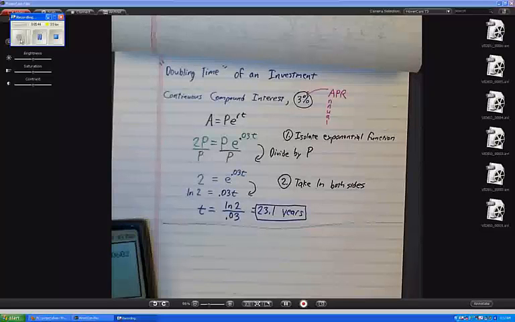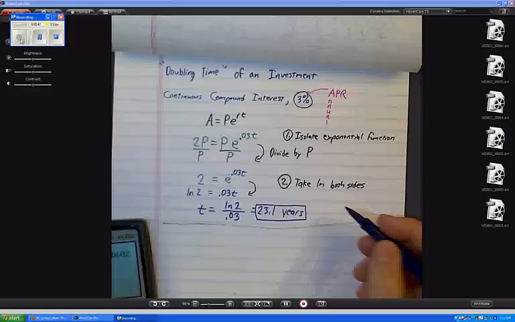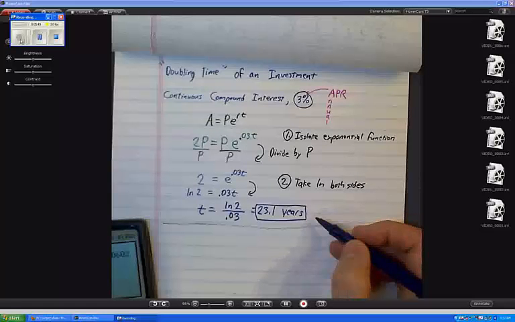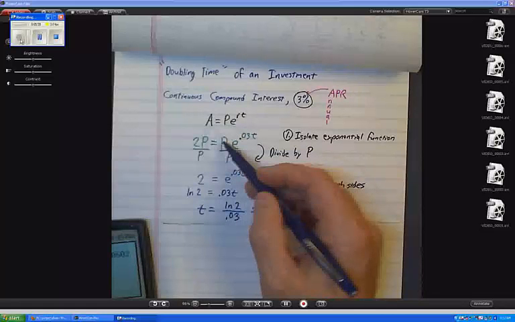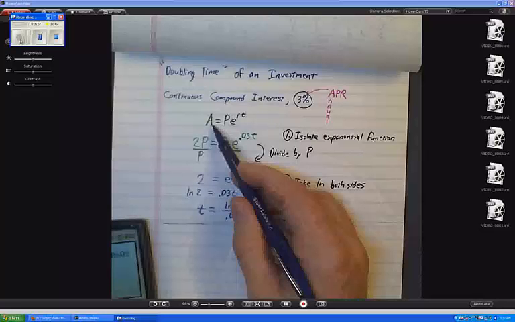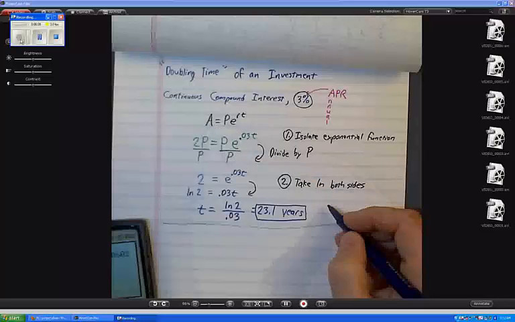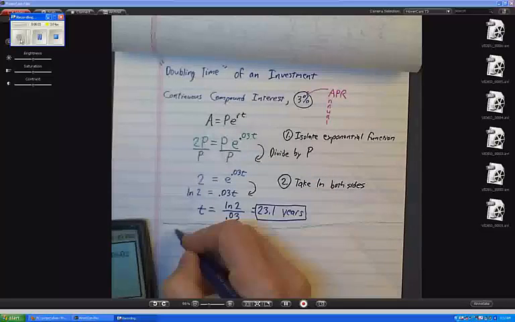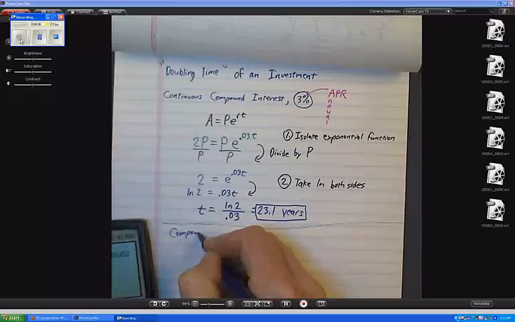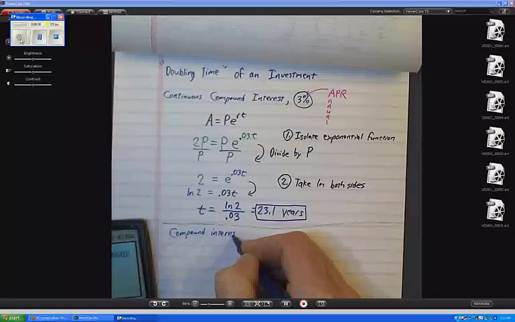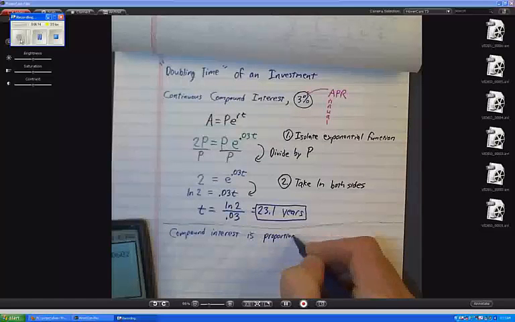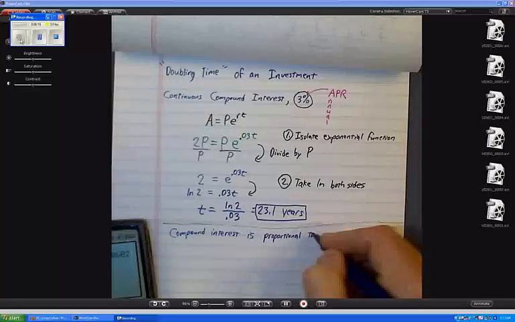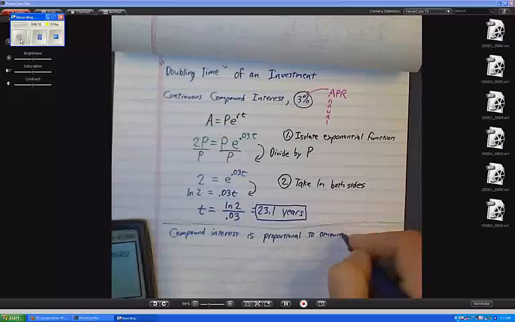But the reason that doubling time doesn't depend on p is because of the equation, right? Because you put the 2p in for the A. And so this is a situation where compound interest is proportional to the amount in the account.